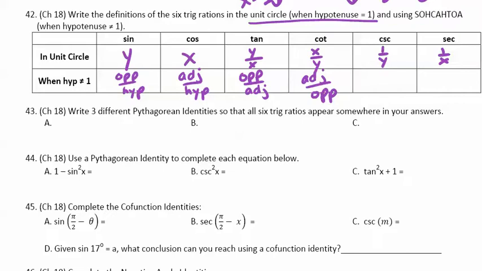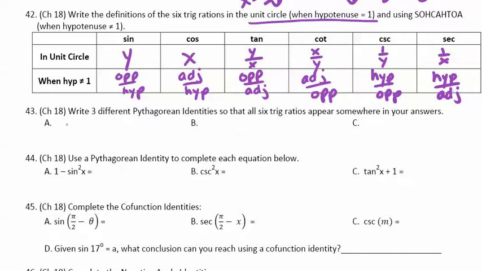Cosecant again is reciprocal of sine, so it's hypotenuse over opposite. And secant is reciprocal of cosine, so it is hypotenuse over adjacent. Now, whenever we say adjacent, if we're thinking unit circle, you can think horizontal segment, and vertical is the opposite leg.